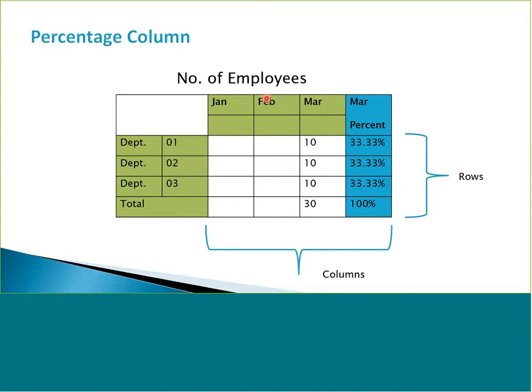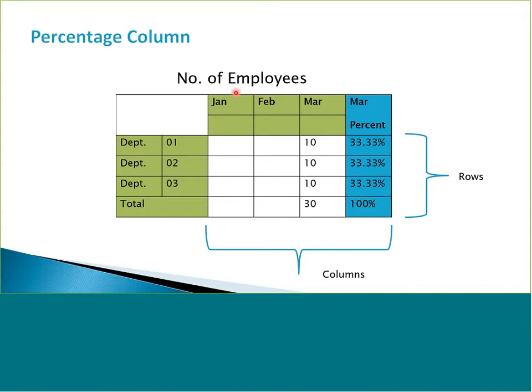So how do we read this report? Department 1 could have numbers for January, maybe 8 or 9. Department 2 will have numbers for January, February, and March, and Department 3 will also have numbers for January, February, and March.